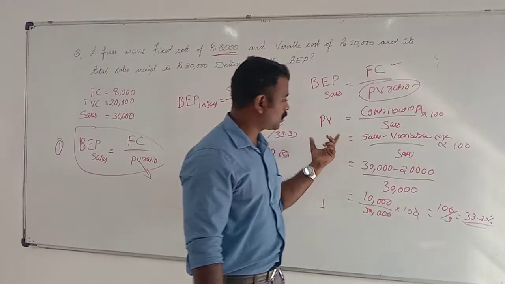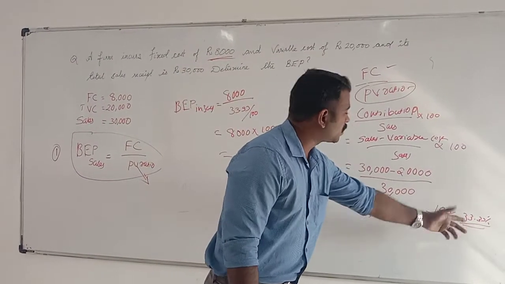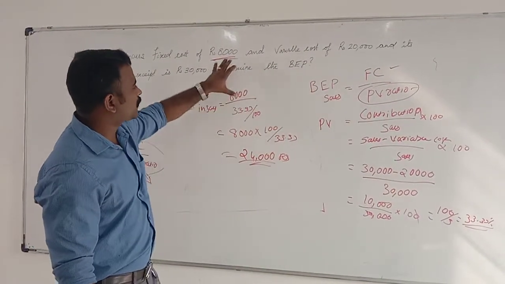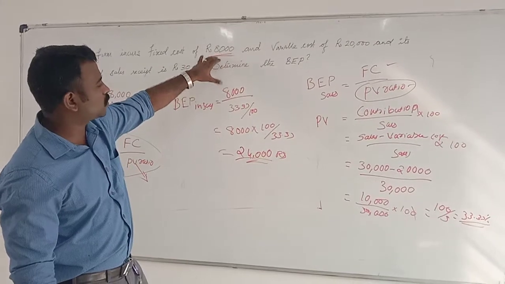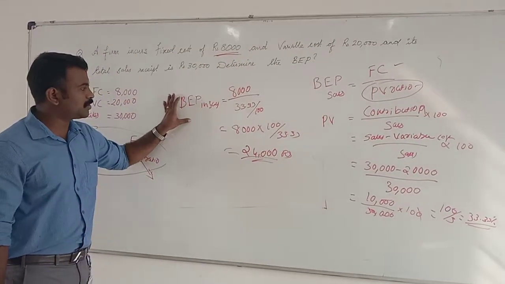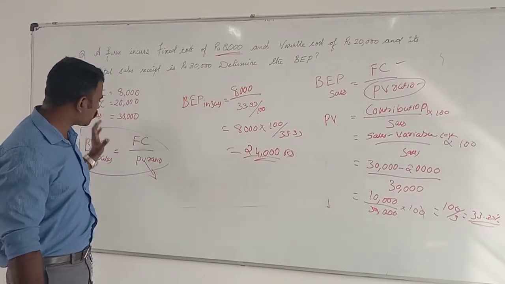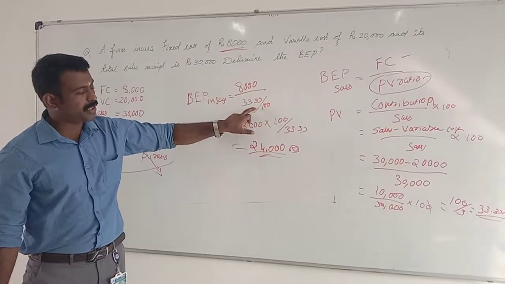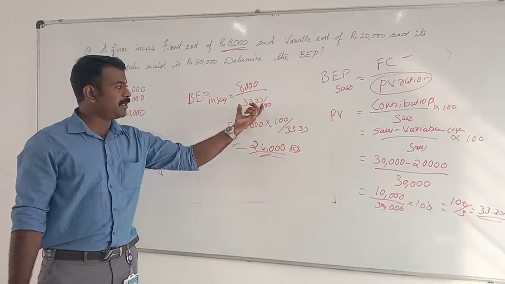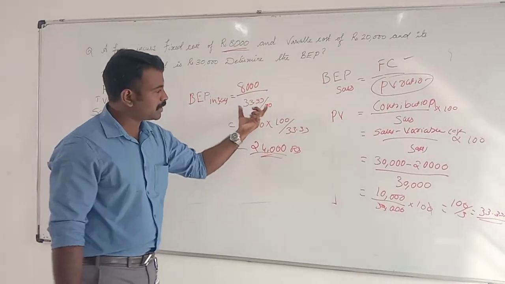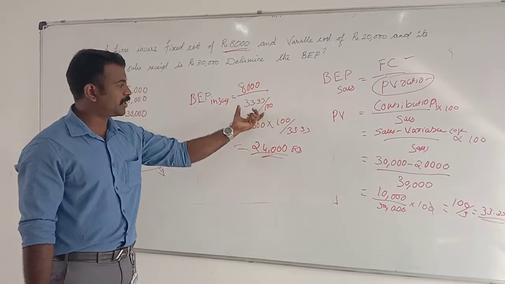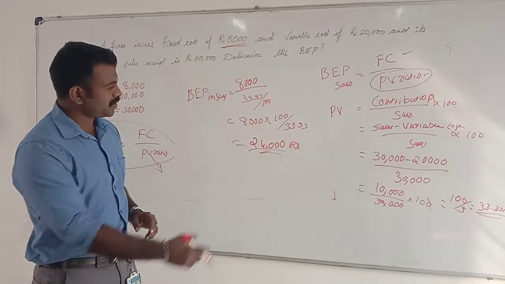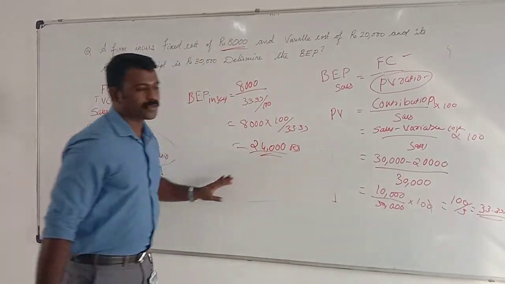PV ratio we found is 33.33%. We substituted the PV ratio and the fixed cost already given in the question in the equation: break-even point in sales is fixed cost divided by PV ratio. So 8,000 divided by 33.33 percentage, that is 33.33 divided by 100. By calculating we get 24,000 rupees.